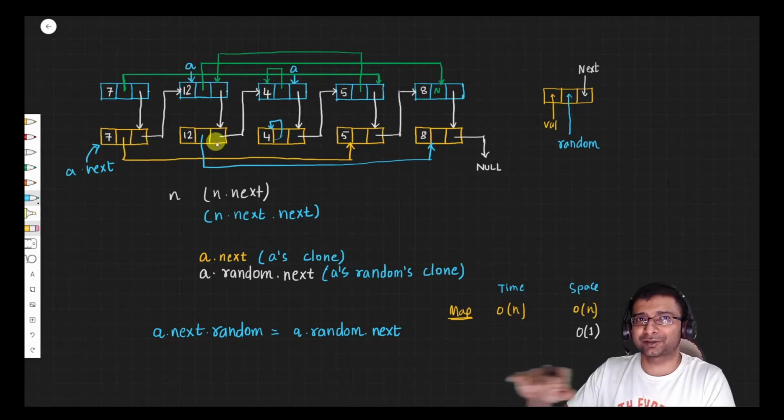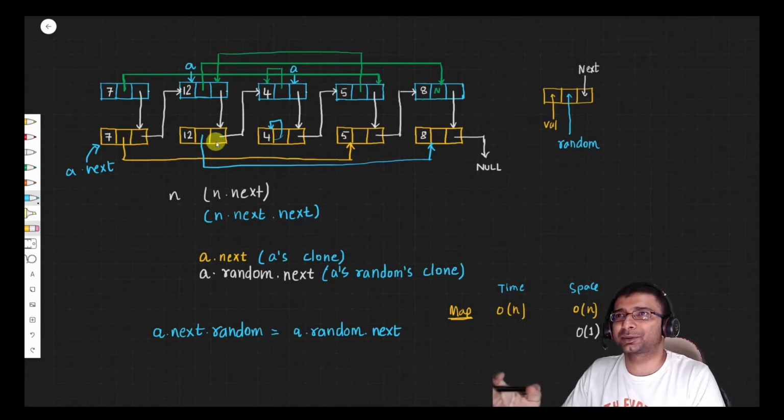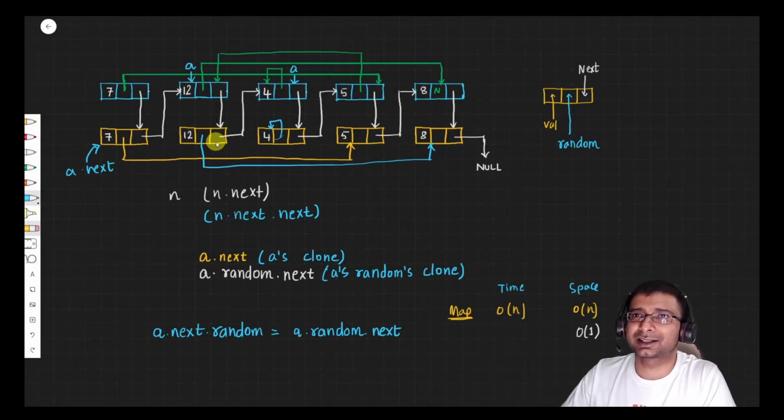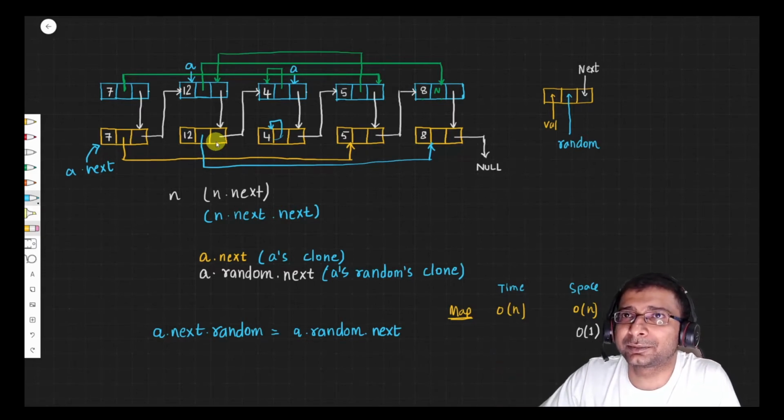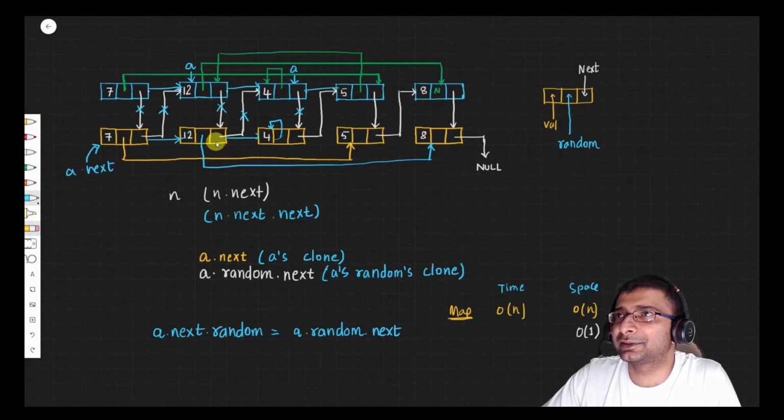So we are going to traverse once again and reset this back. We are going to cut these links one by one. We'll cut this and put here, cut this and put here, cut this and put here, cut this and put here, and it will happen for all of the nodes that we have dealt with.